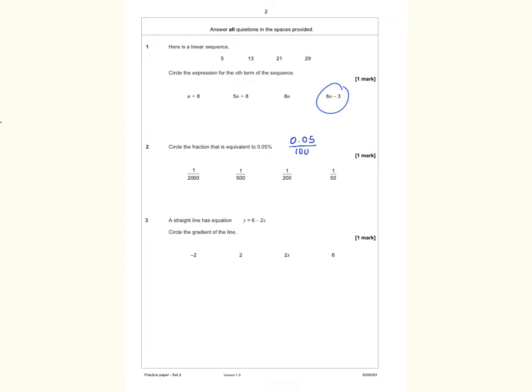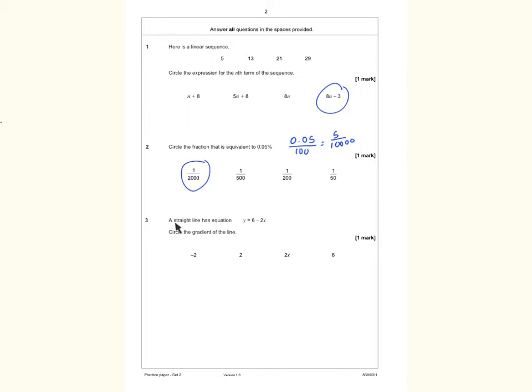Okay, and then if you make that into a normal fraction, we're going to have 5 over 10,000. Now if I was to divide the top by 5, I get 1. 10,000 divided by 5 is 2,000, so it's going to be 1 over 2,000.